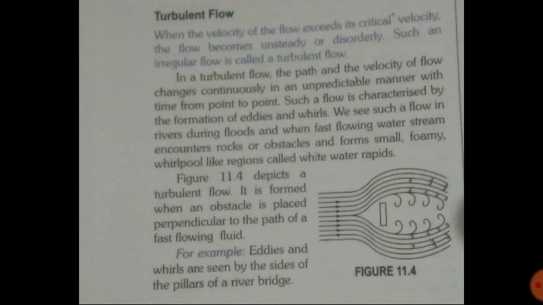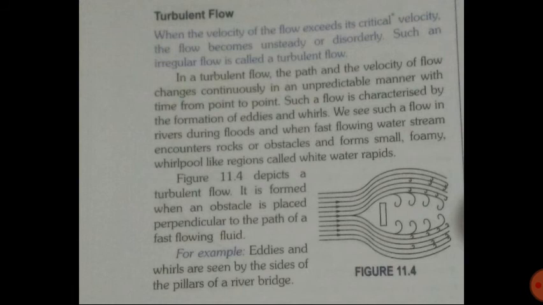Suppose our particles are moving with very high velocity, so that their velocity crosses the critical velocity. What happens then? Their flow becomes unsteady or disorderly. That means particles will move in a random manner, following any point. There is no rule of following the preceding particle.